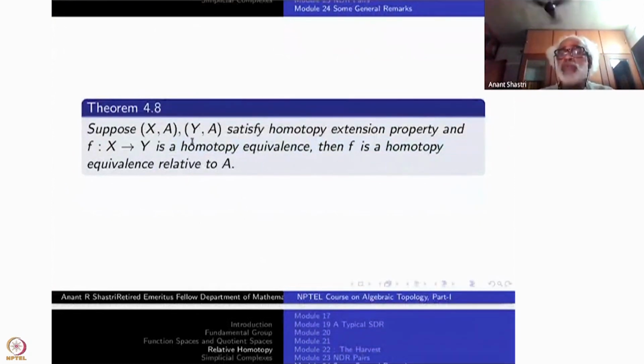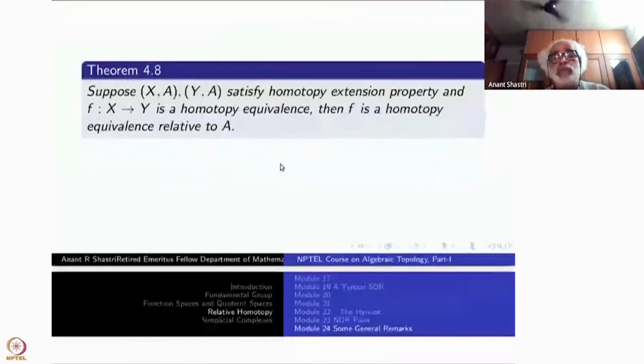But this was one of the questions, how to determine relative pairs. If X and Y are just homotopy equivalent, then they will be homotopy equivalent to each other relative to A. What is this A? A could be anything, but it is a common subspace whose inclusion map is a cofibration, that's all.